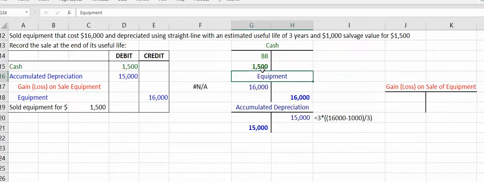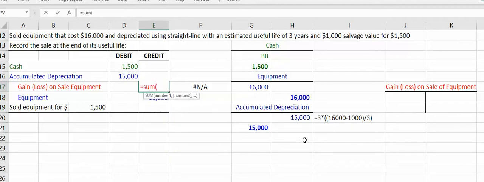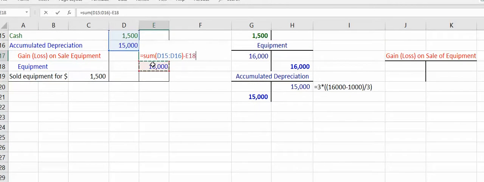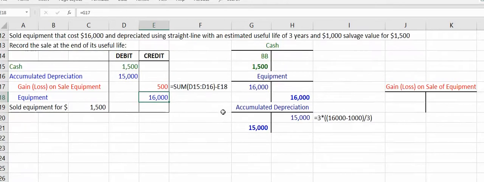So we're getting $1,500 for what our books are saying is worth only 1,000. So the difference is you take the debits and subtract the credit of 16,000 to get your gain of 500. And that goes not on the debit side, but on the credit side, because credits make shareholders' equity go up.